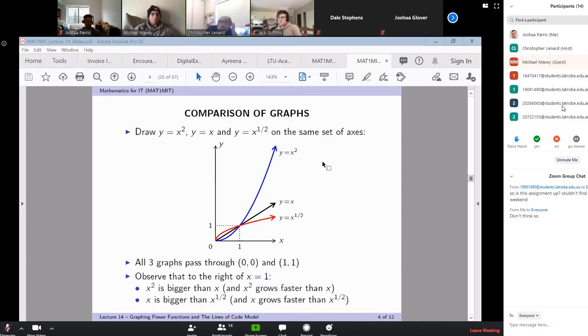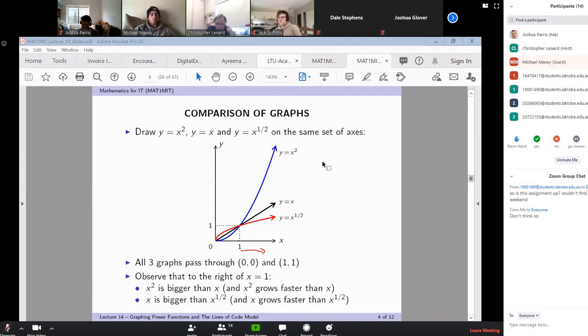Now, the really important thing here is that when you go from 1 onwards, the x squared, the blue graph, is always bigger than the black one, the y equals x.